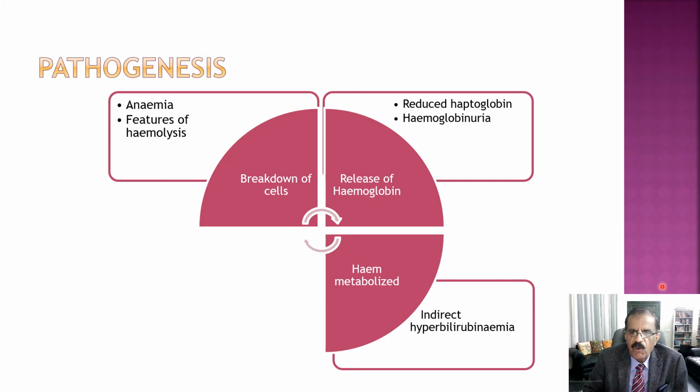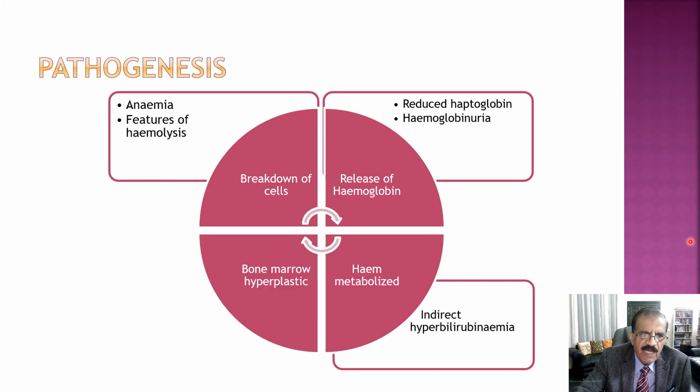So bilirubin will accumulate in the blood and cause jaundice, typically a mild one. If you do differential bilirubin, you would see that indirect or unconjugated bilirubin is increased, while conjugated bilirubin is either normal or increased to a lesser extent.